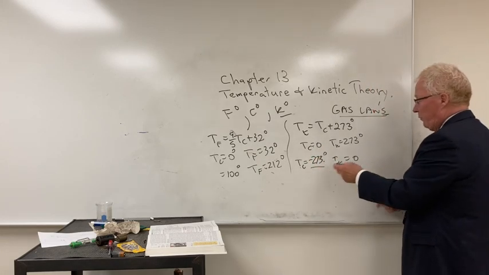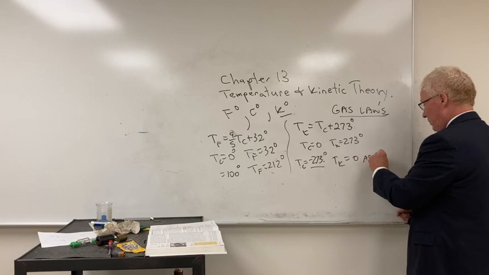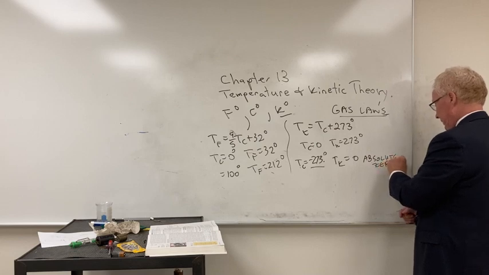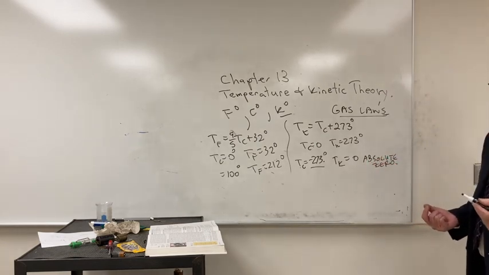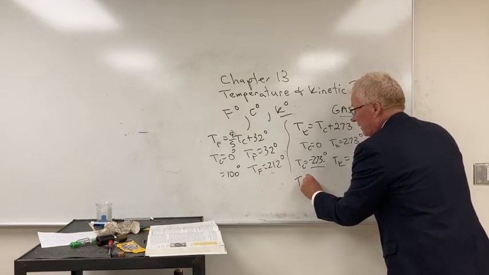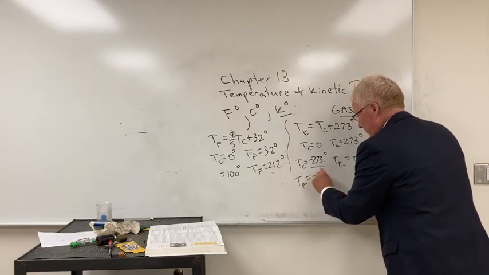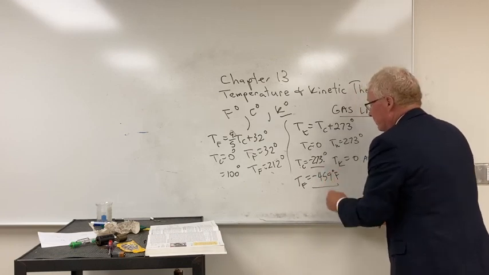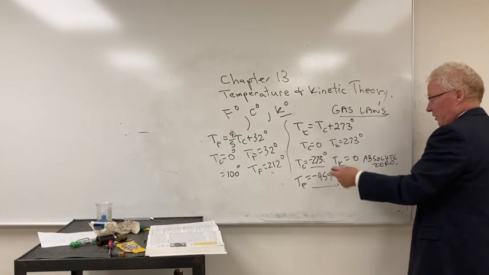This is what we call absolute zero. It's the lowest possible temperature you can reach. And in the same breath, the temperature Fahrenheit is minus 459 degrees Fahrenheit. So those are absolute zero in the three different scales.